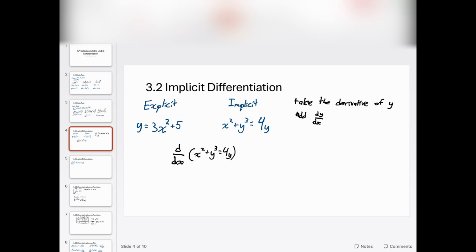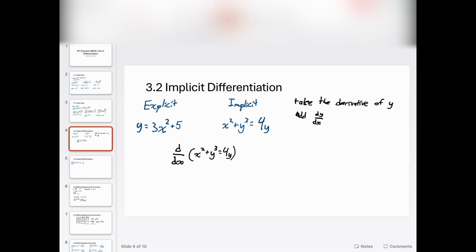So now let's look at implicit differentiation. What that means is we're taking the derivative of an implicit function, and that just means when the y isn't explicitly solved for, or when it's on both sides of the equation, like this. To do implicit differentiation, you take the derivative of x as normal, but you also do the same thing for y. You take the derivative of y, and you have to multiply that by dy dx.